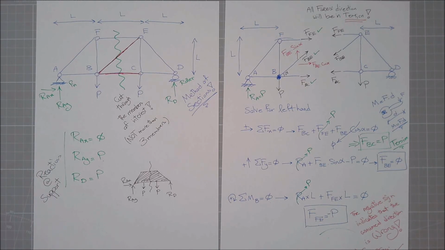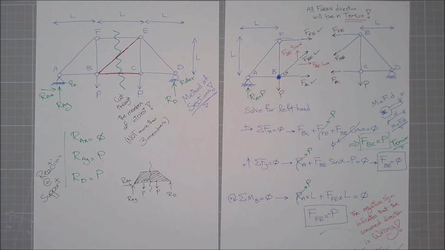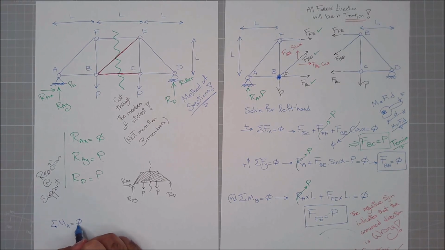You might ask, why not put the moment along point A? Let's do that. So summation of moments along point A equals to 0. This direction positive.